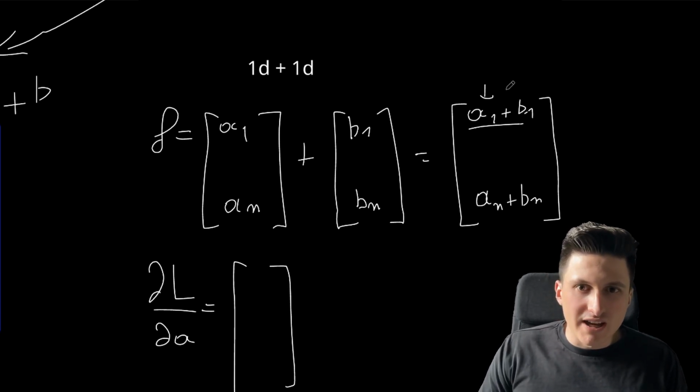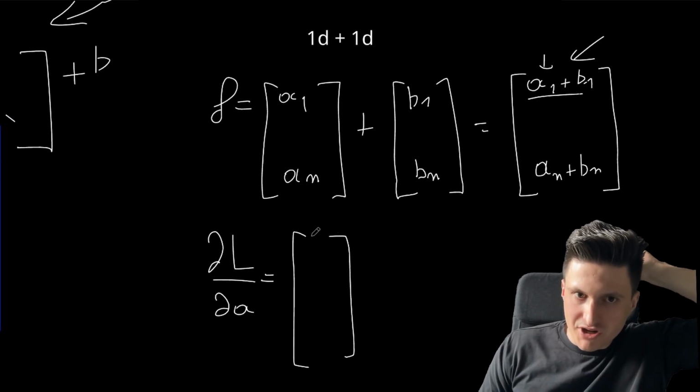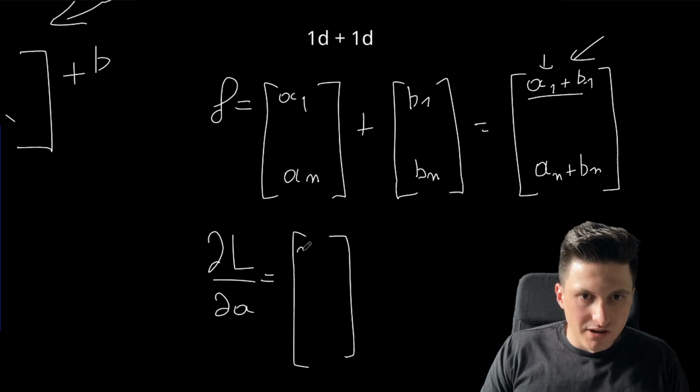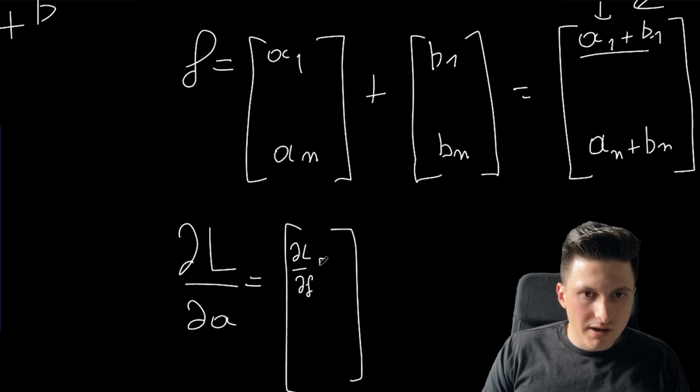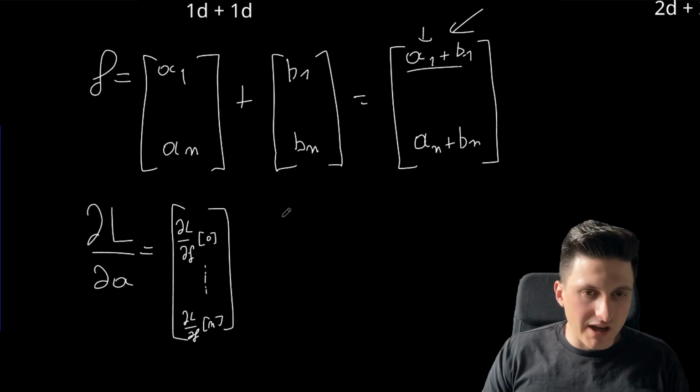So we are once again just propagating the gradient of the child tensor at each position. So this will just contain the derivative of the loss with respect to f at position 1 up to the last position, as the child gradient has the same dimensions as a and b, and this will be the same as the derivative of b.